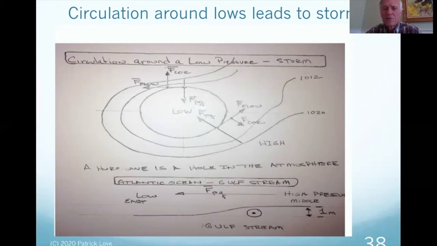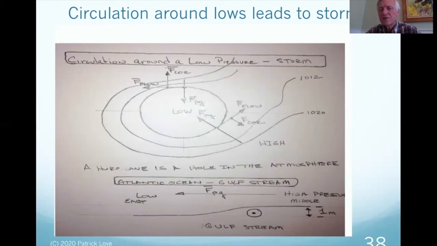Okay, so this is a quick drawing of the circulation around the low. This kind of circulation applies both to an extratropical cyclone as well as to a hurricane or a typhoon. But the idea is, if you have a low, the pressure gradient force, as is drawn here, the FPG, is trying to push air into the center of the low.